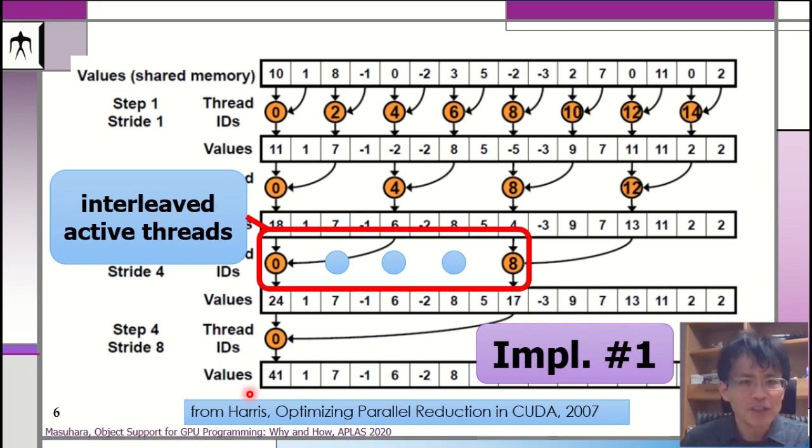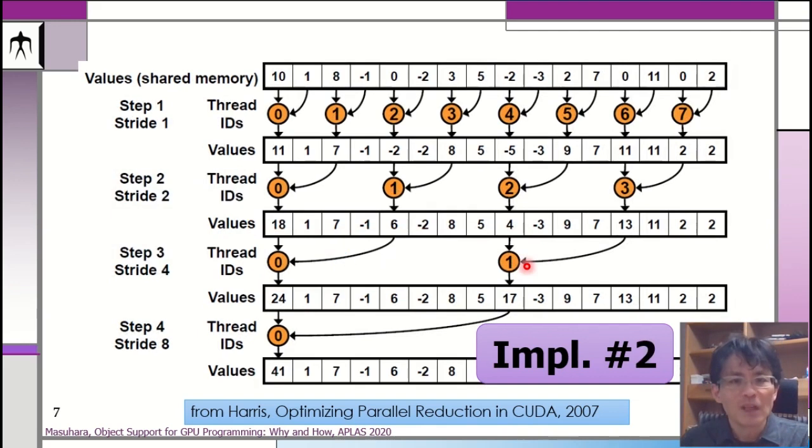But this naive implementation actually has a performance problem. If we look closely at this computation stage, the two active threads have thread IDs 0 and 8. That means those two threads are interleaved with respect to the thread IDs, which is quite inefficient because of the lower core utilization at the hardware level.